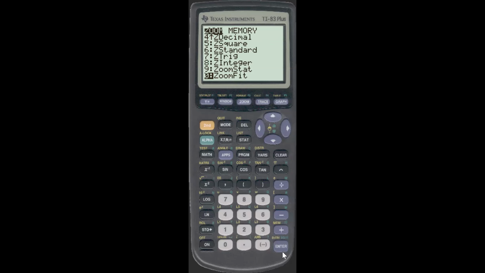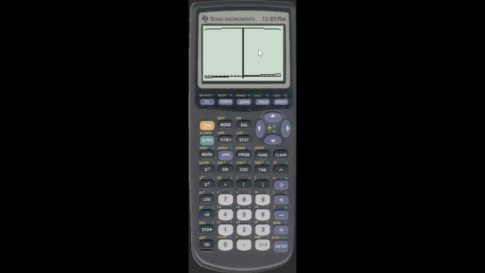So hit enter on zoom fit and it should refresh the graph. Now this isn't any better, unfortunately. This doesn't really help, but it tries to help.